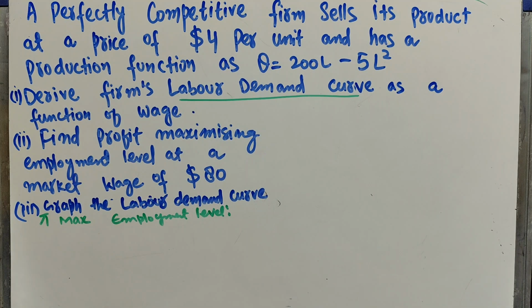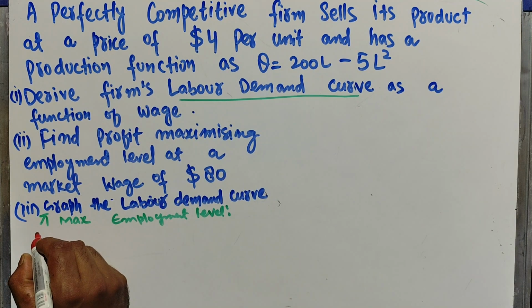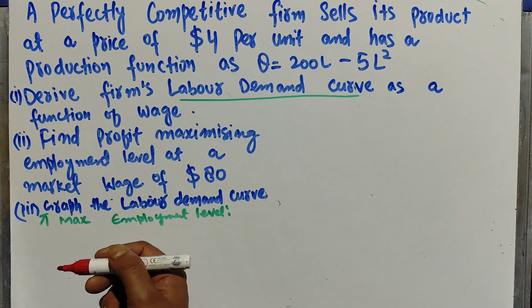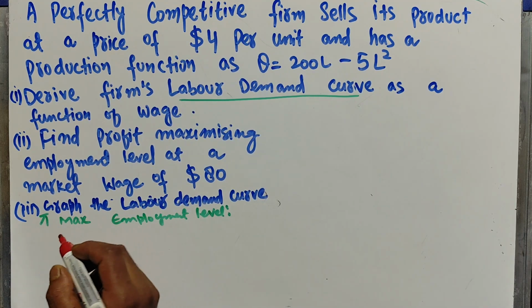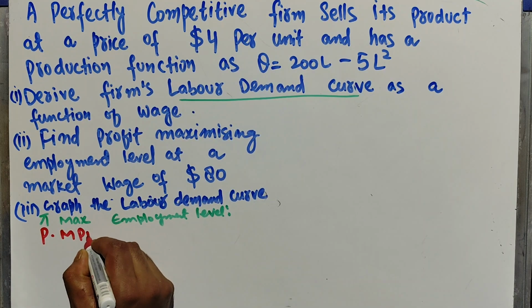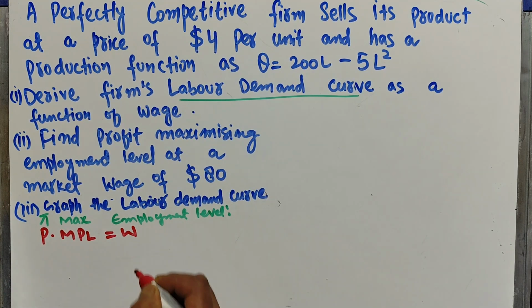The condition is pretty simple: profit maximizing employment requires that price times the marginal product of labor is equal to the wage rate. We need this very condition in the case of a perfectly competitive market.